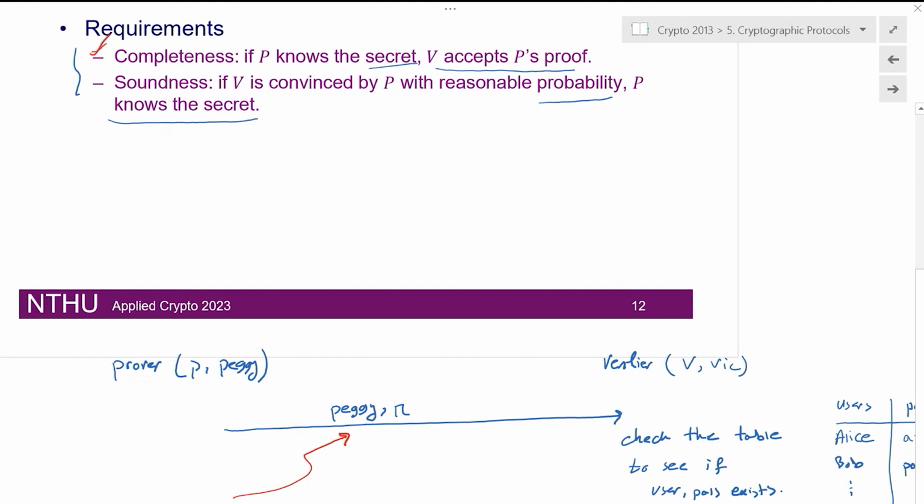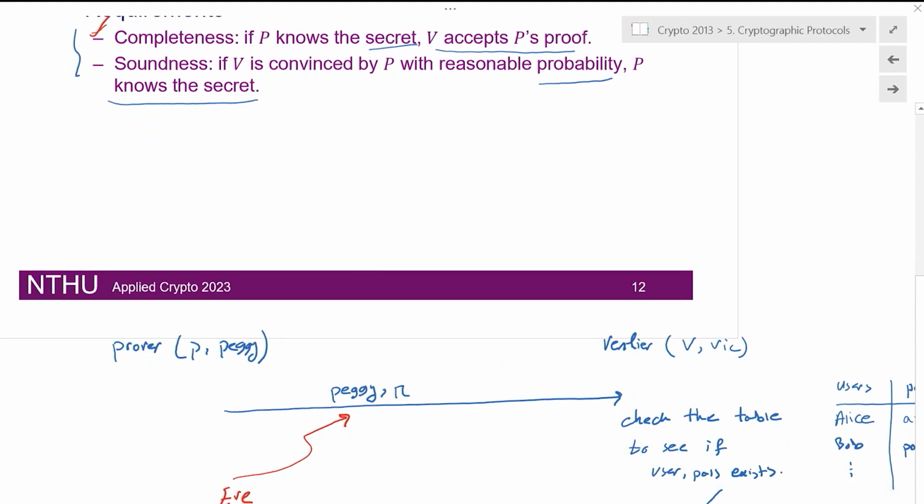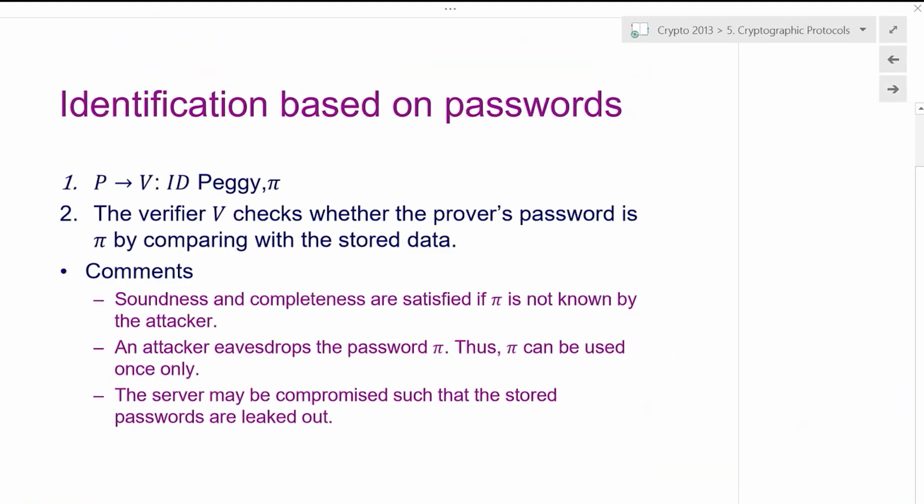And then the soundness would also get verified, because when Peggy sends her username and password to the verifier, the verifier will get convinced that this must be Peggy, because she's the one who is supposed to know the password for this username. But let's continue, so we would see better cases of how we can do that.